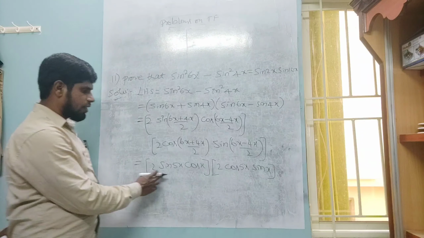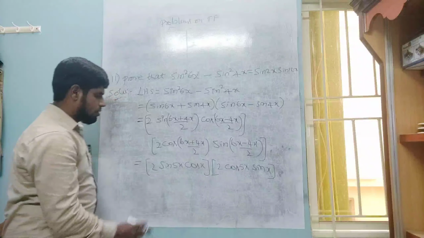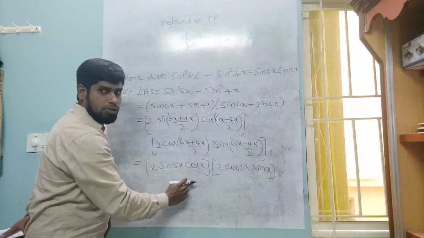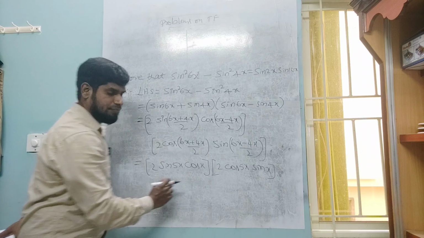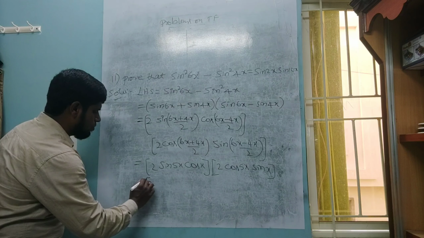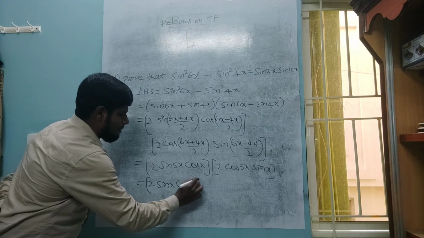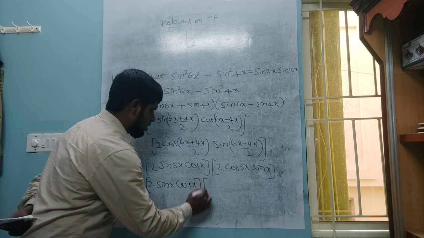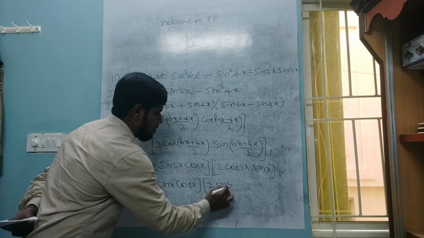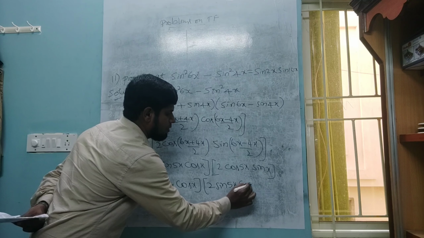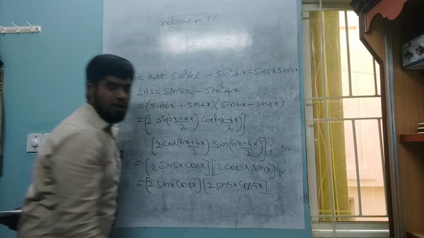Now here everything is in multiplication, and in multiplication if we change the position, the answer remains the same. So I'll write this as 2 sin x into cos x, another bracket 2 sin 5x into cos 5x.